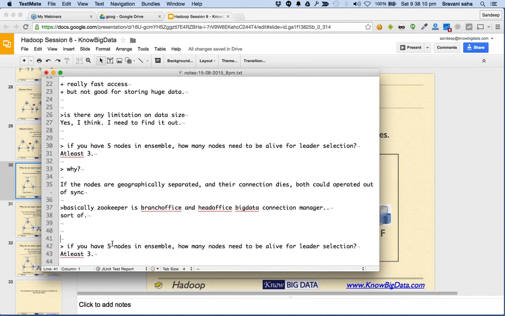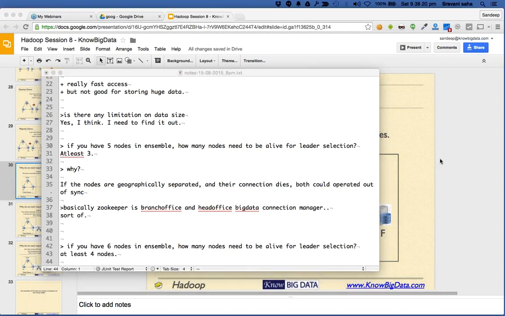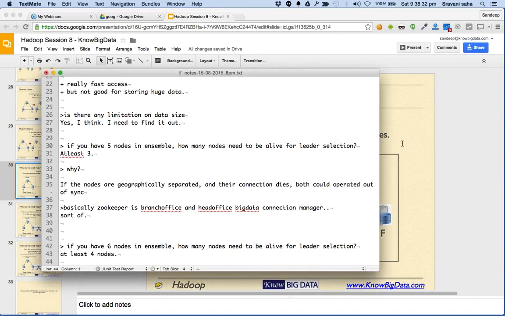If you have 6 nodes, how many nodes would you require at minimum? At least 4 nodes, right?